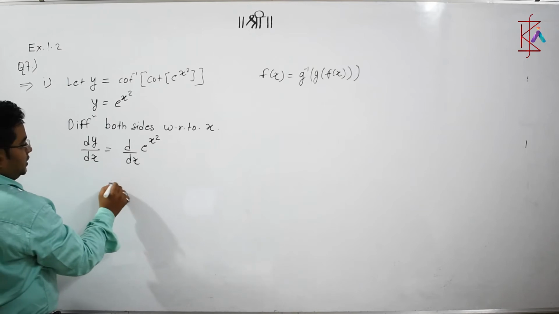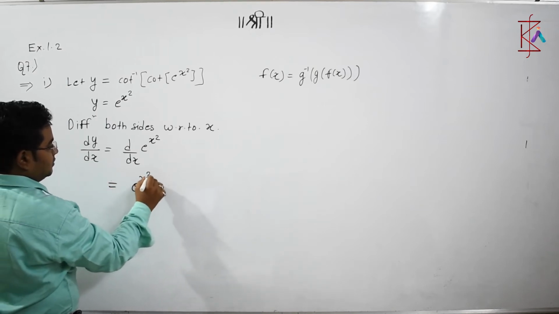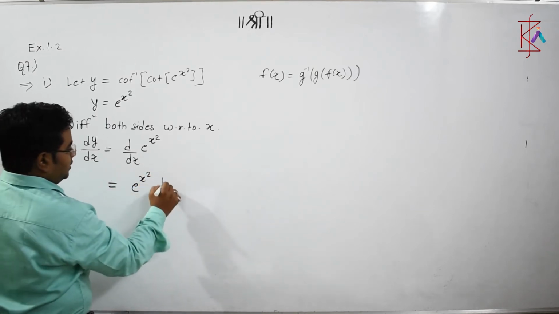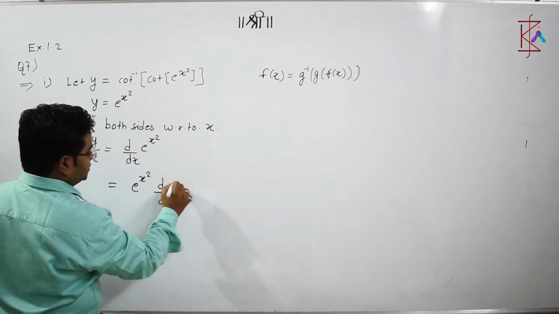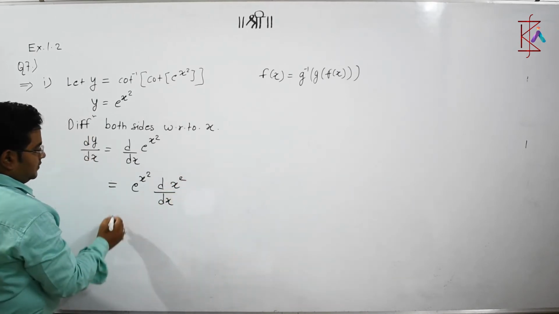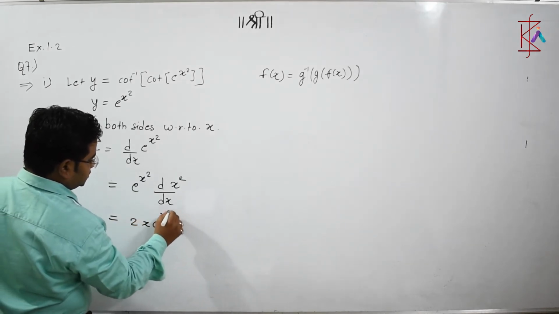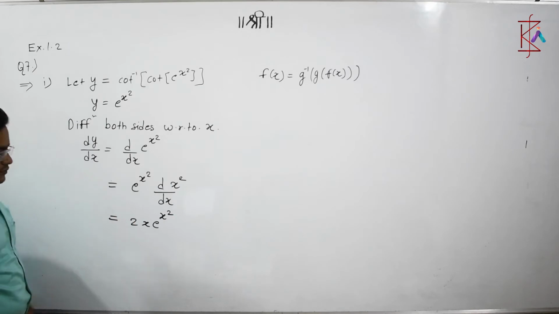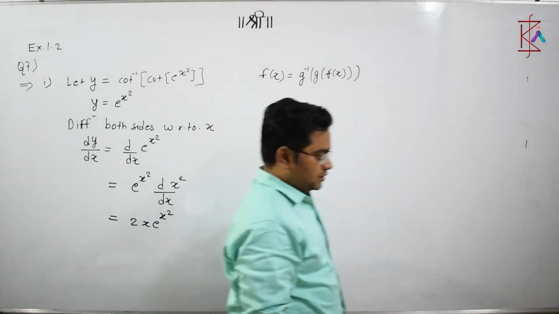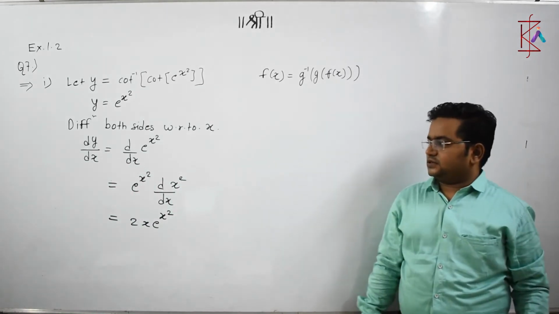Now most importantly, e raised to x square remains as it is. Derivative of x square, d upon dx of x square, is 2x, which is equal to 2x e raised to x square. Hope so you got it. Now most important task is done within this concept.